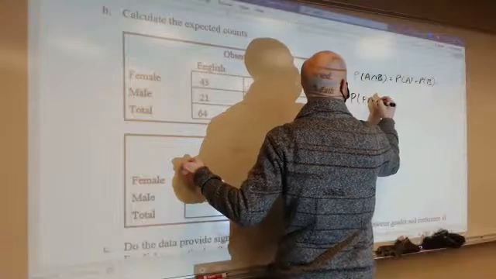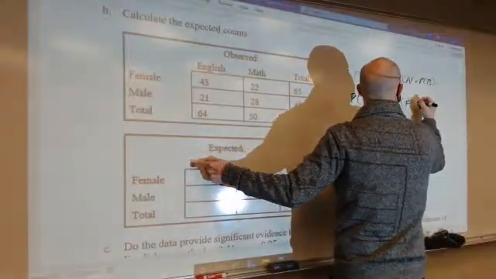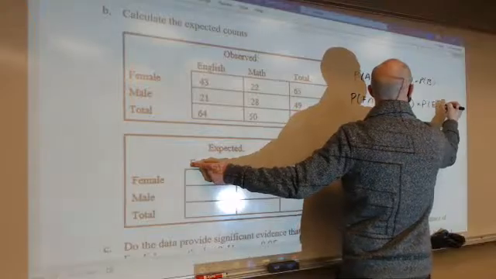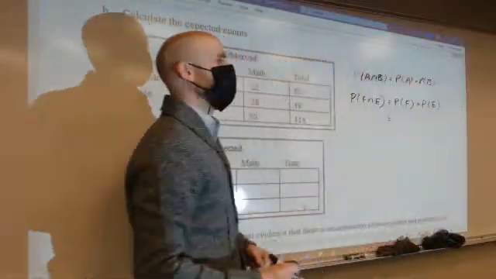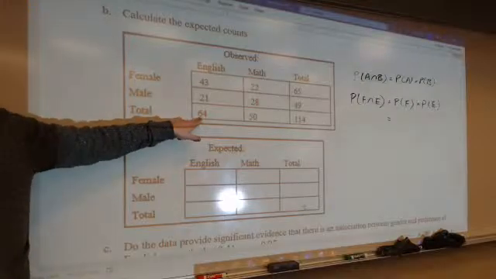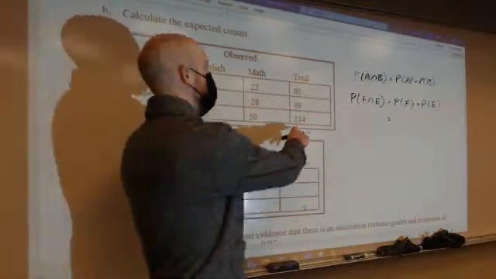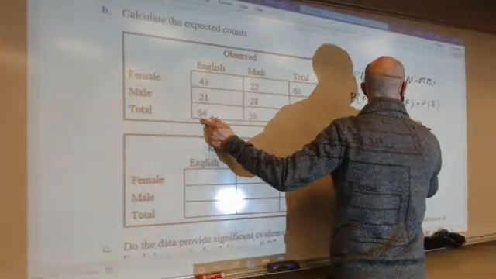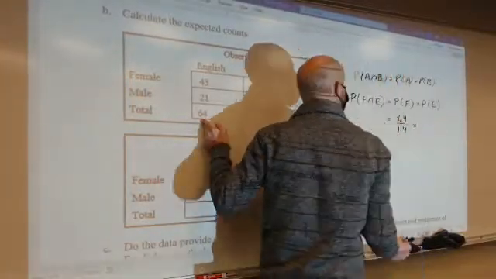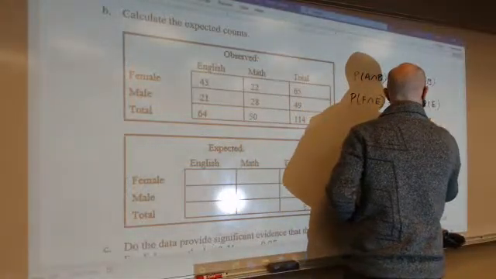So the probability of female and picking English would be equal to the probability of female times the probability of English. There are 64 out of 114 that picked English. So the probability of picking English was 64 out of 114.